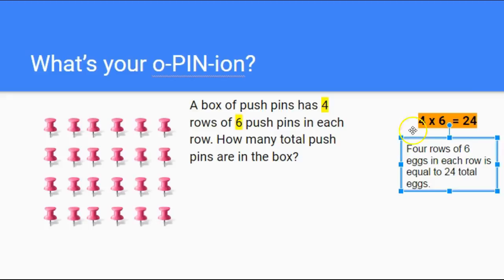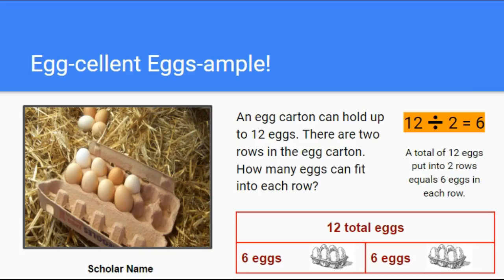Now you're going to notice I just talked about eggs, but that was the last one. I just realized we're talking about push pins. My goodness gracious. Push pins, but no problem. It's a quick change. There we go. 4 rows of 6 push pins is equal to 24 total push pins. Cool. And that looks a lot like what I had here.